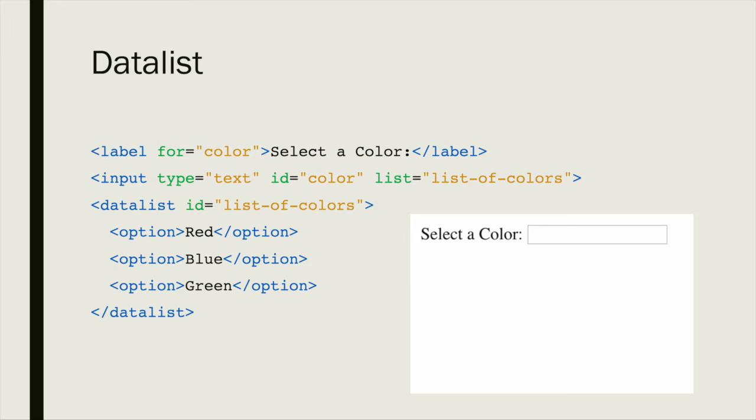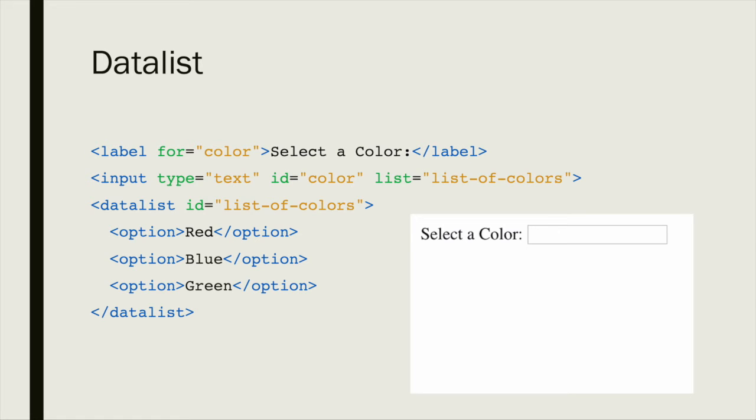Once you have the data list set up, for example, this one right here, you have the input type, the ID and the for match, and then you have the attribute list, in this case, list of colors. The data list has the ID of list of colors as well, for red, blue, and green.